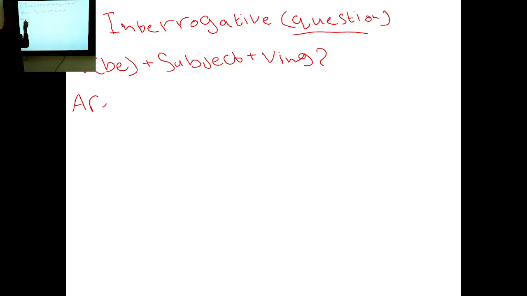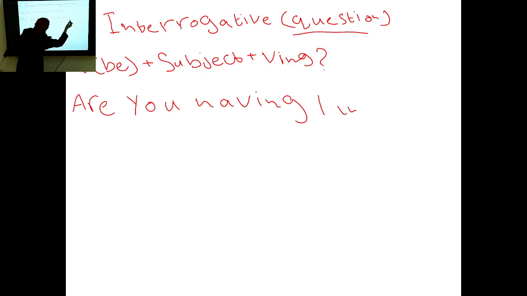Are you having lunch now? So this is the structure of the three forms of the present continuous tense. Again, we use the present continuous tense to talk about actions or events happening at the moment of speaking.